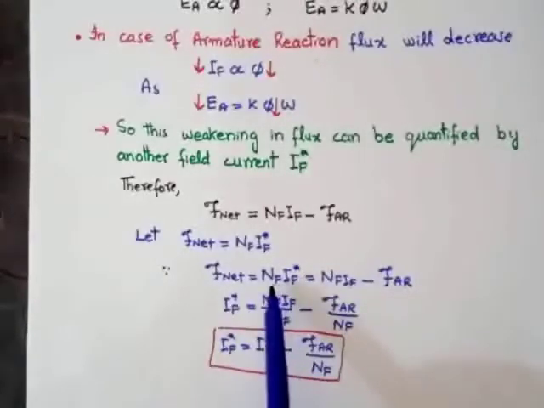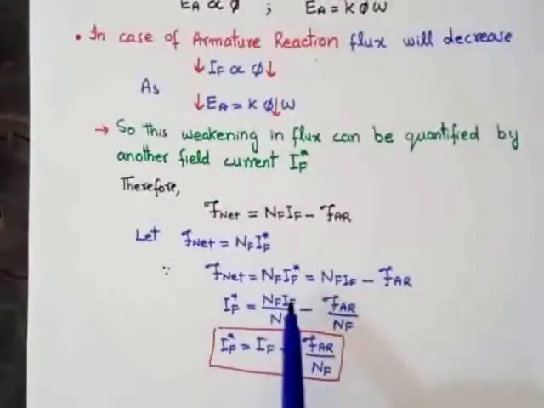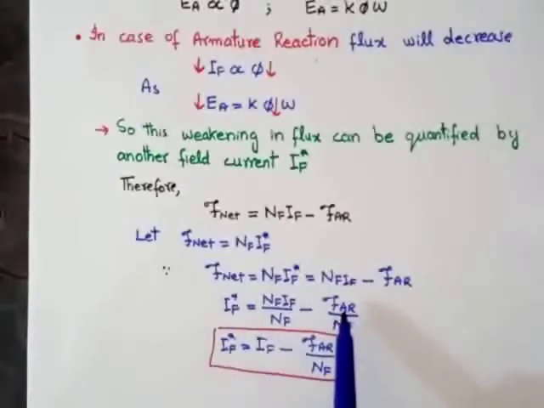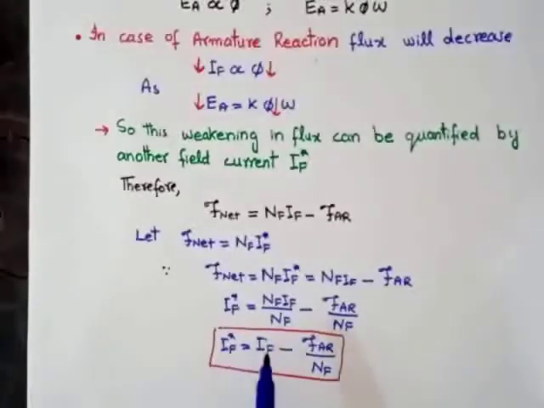Now, NF is multiplied with IF, and dividing by NF on both sides of the equation, we get IF dash will be equal to NF into IF over NF minus magnetomotive force due to armature reaction over NF. NF and NF will be cancelled out. The remaining equation of the field current will be IF dash is equal to IF minus magnetomotive force due to armature reaction divided by NF.